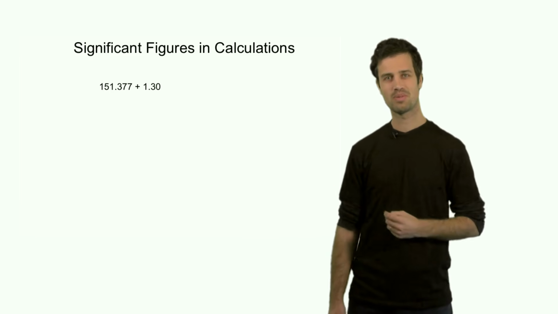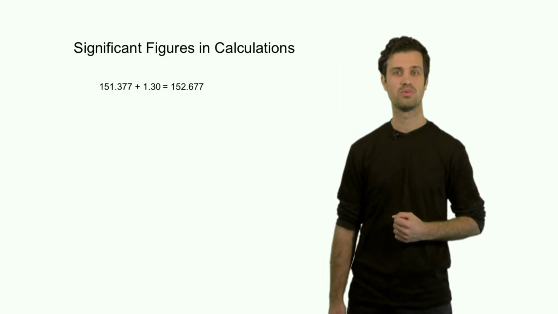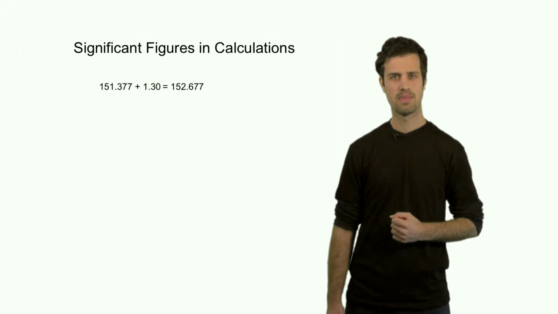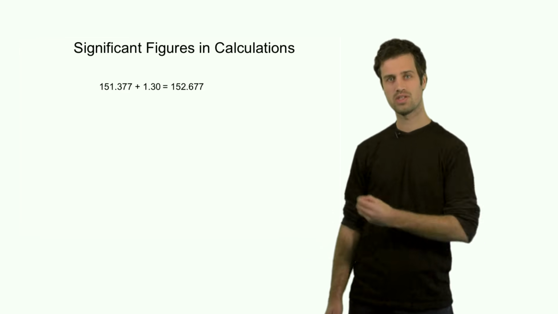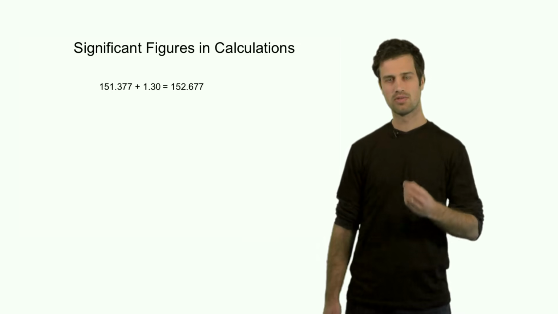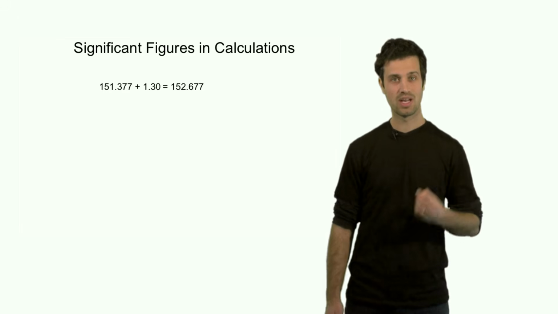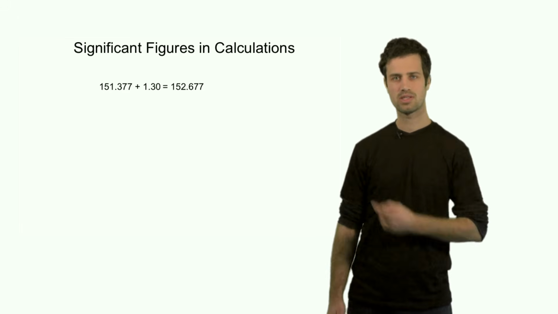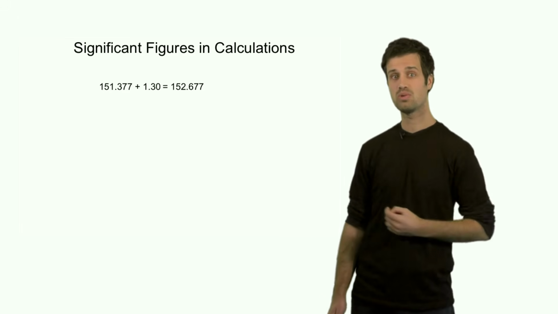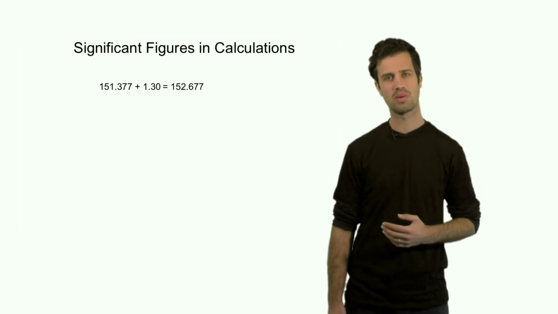If you punch these numbers into your calculator, it will tell you that the answer is this, which has 6 significant figures. But we have to ask ourselves which of these digits are actually significant. The rule is that we have to look at the amount of decimal places of the least precise measurement. In this case, 1.30 has 2 decimal places. That means the answer also should have 2 decimal places.